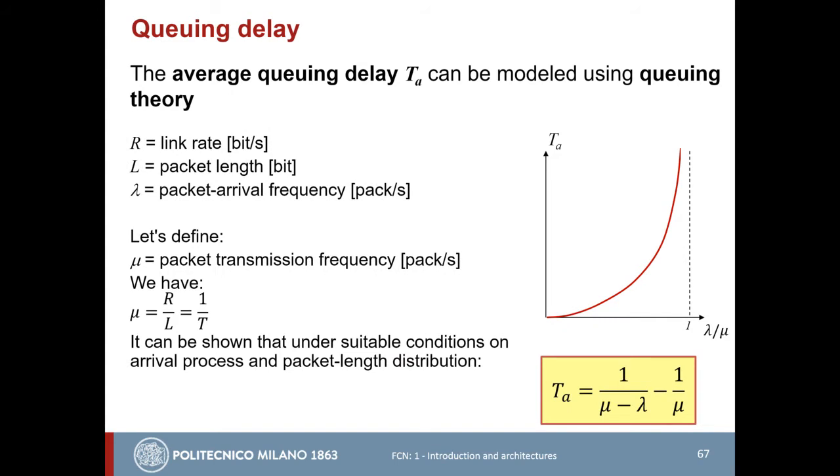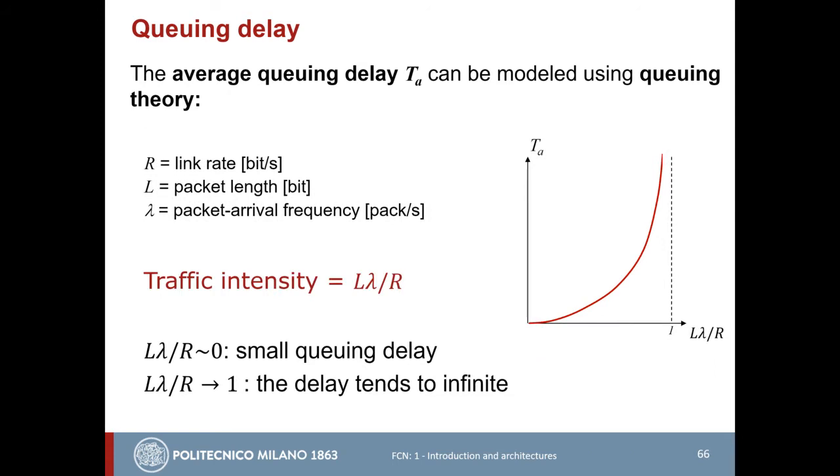Why does the traffic intensity determine this? Because, as we said before, congestion depends on the ratio between the arrival rate and the output rate. When the arrival rate is less than the output rate, the queue remains stable.